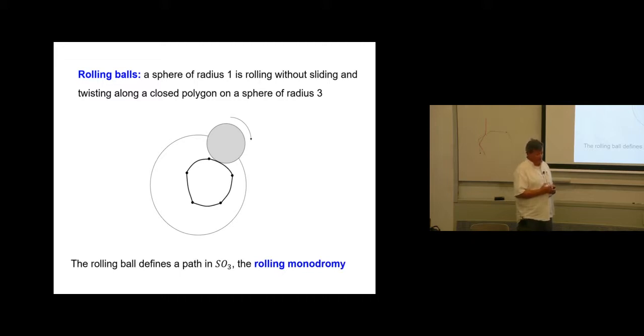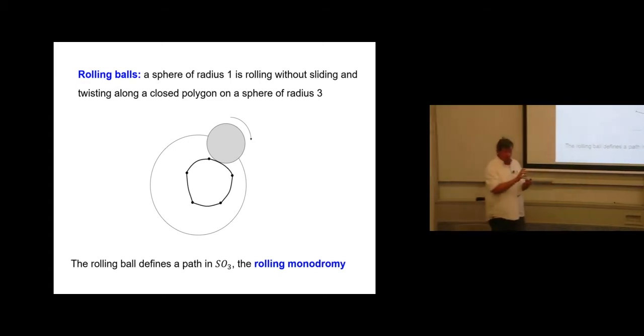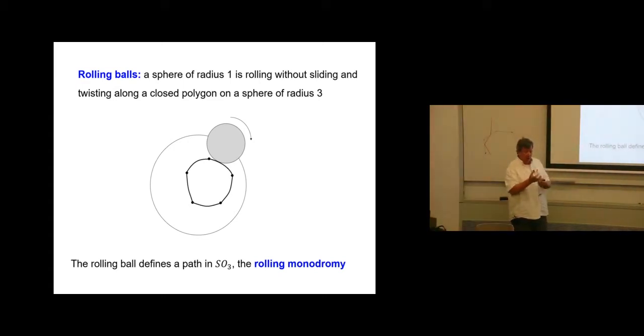Actually, there's going to be a whole path in the orthogonal group, the group of rotations, which describes how the rolling ball rotates at each point. So it will be a sequence, like a polygonal path, in the orthogonal group. And this path may close or not. This path describing the rotation of the rolling ball is what I call the rolling monodromy.